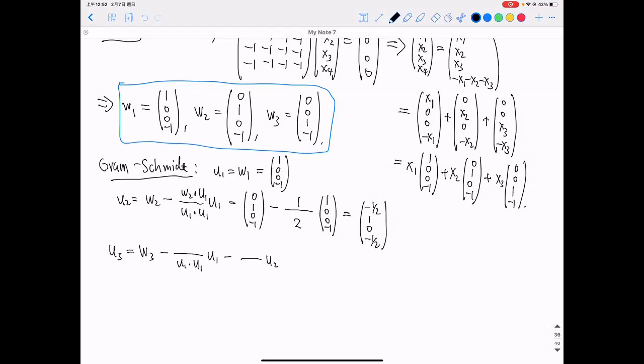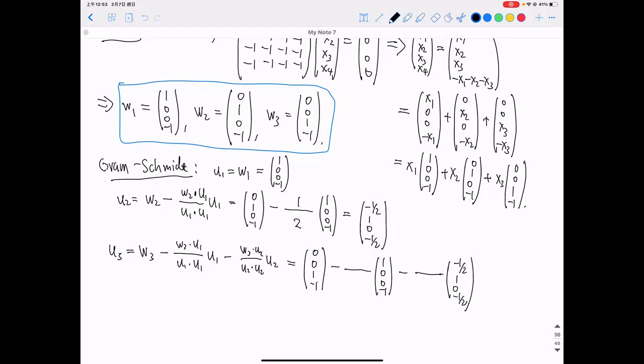U1 dot U1, W3 dot U1, U2 dot U2, W3 dot U2, and that is 0, 0, 1, minus 1, minus 1, 0, 0, minus 1, minus U2 being this complicated gadget, minus a half, 1, 0, minus a half.